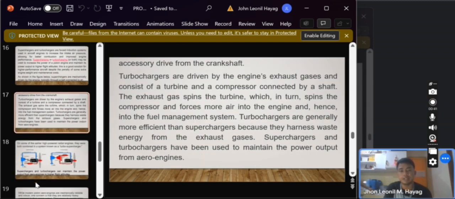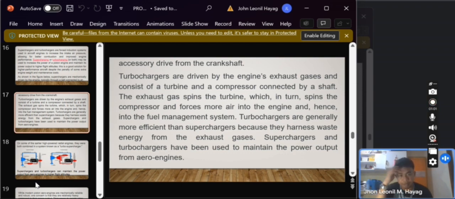Turbochargers are driven by the engine exhaust gases and consist of a turbine and a compressor connected by a shaft. The exhaust gas spins the turbine, which in turn spins the compressor and forces more air into the engine and hence into the fuel management system.